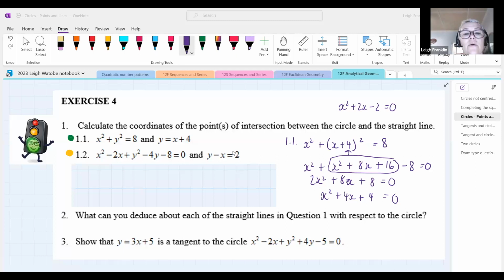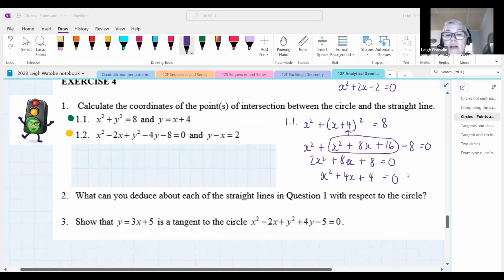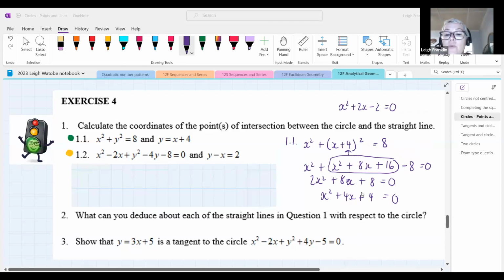So what I'm going to do is I'm going to continue with Faheen's solution, and then we can talk about 1.2. Anybody who tried that can tell us what they wrote. Okay, so Faheen, did you end up with x squared plus 4x plus 4? Yes, ma'am. Okay, all right.